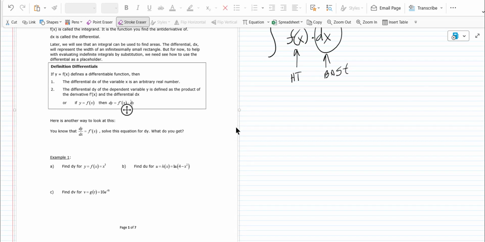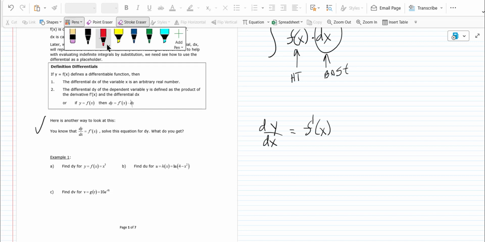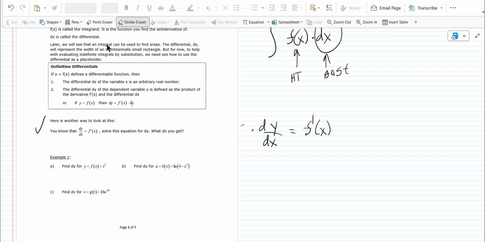If you have the equation, and I want to jump down to this stage right here, you know that dy over dx equals f prime of x. All that is, is two different ways to write a derivative. f prime of x is one way, dy over dx is the other. They mean the same thing. So you could take this equation and multiply both sides by dx, and that would cross that out.